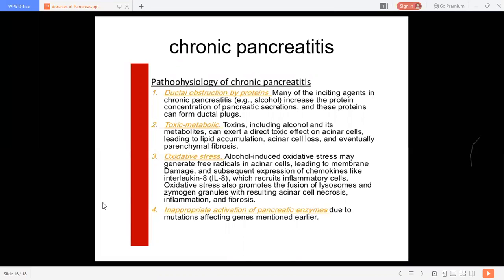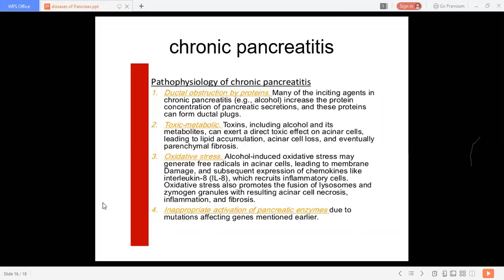The second is toxic metabolic pancreatitis. Toxins, including alcohol and its metabolites, can exert a direct toxic effect on acinar cells, leading to lipid accumulation, then acinar cell loss, and eventually parenchymal fibrosis.